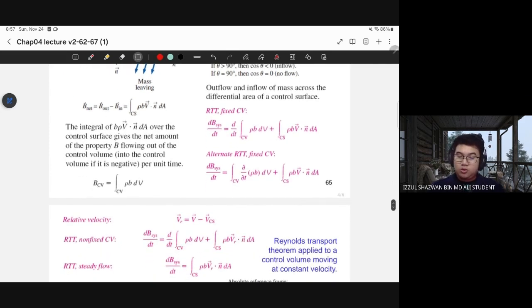This Reynolds transport theorem equation will be used if we have a fixed control volume, where we just add another rho b V dot n dA. Similarly, we can also use this equation if we have another fixed CV.